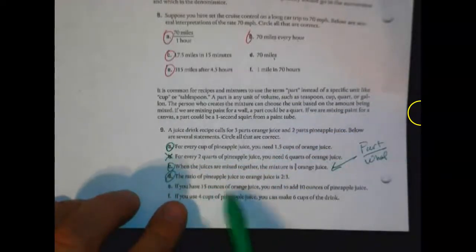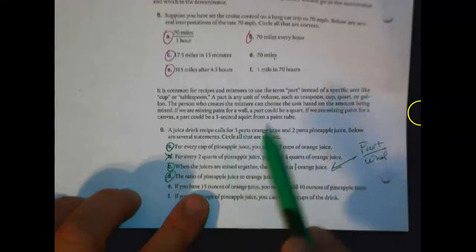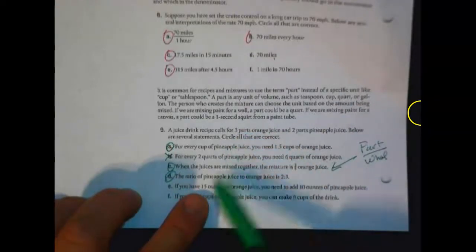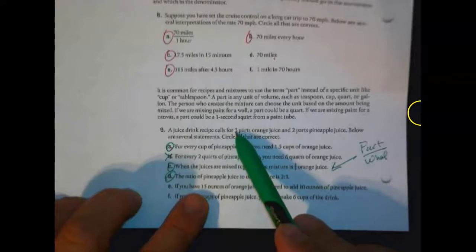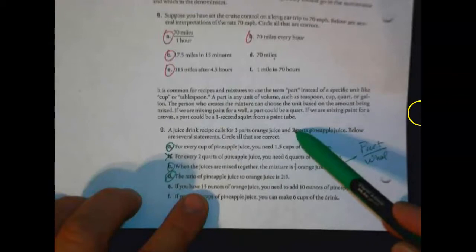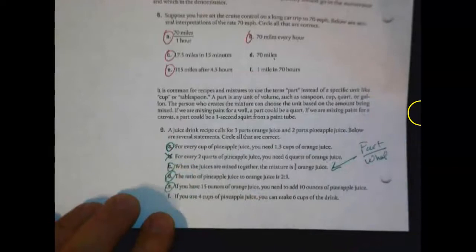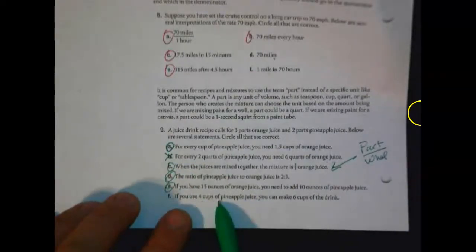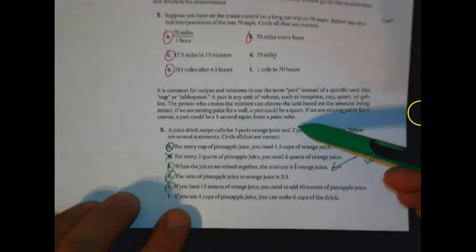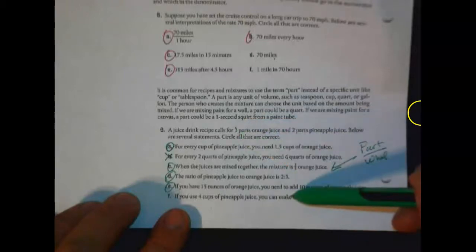If you have 15 ounces of orange juice, you need 10 ounces of pineapple. To get 3 to 15, I have to multiply by 5. 5 times 3 is 15. 5 times 2 is 10, so that one's correct. And F, if you use 4 cups of pineapple juice, I'm going to multiply that by 2 to get 4, which means I'm going to have to multiply the 3 to get 6.